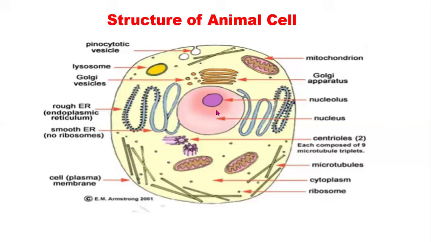The nucleus generally houses the genetic material, which is the DNA or the RNA, as the case may be. All these organelles have different functions, which we are going to see in later classes.